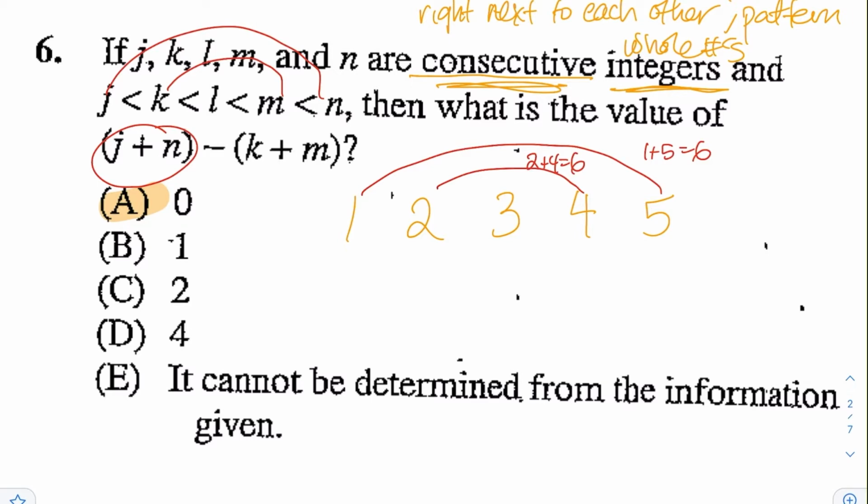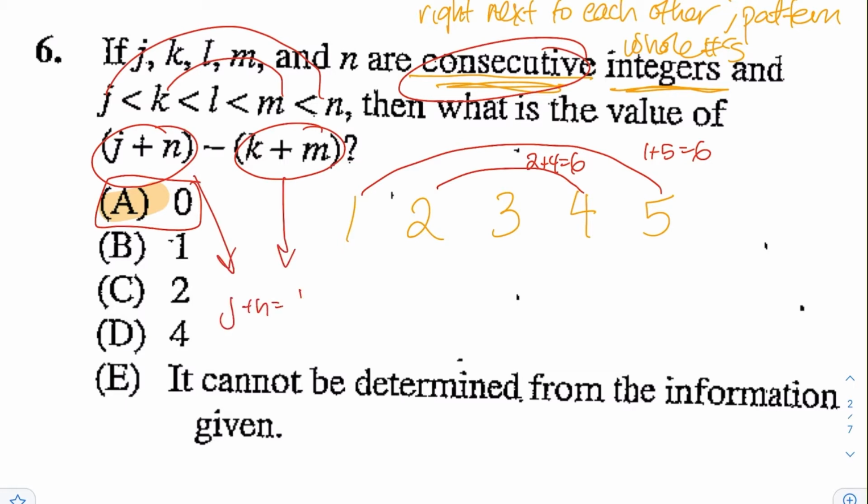When you pair up numbers in this way, especially if you have consecutive numbers, you'll have this nice pattern. So the difference between j plus n and k plus m will be choice A, 0, because these sums will be equal. J plus n will be equal to k plus m. So this is sort of that rainbow method of adding consecutive numbers. You always have this pattern if you have consecutive.